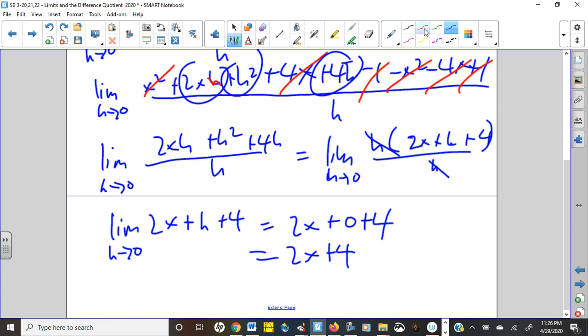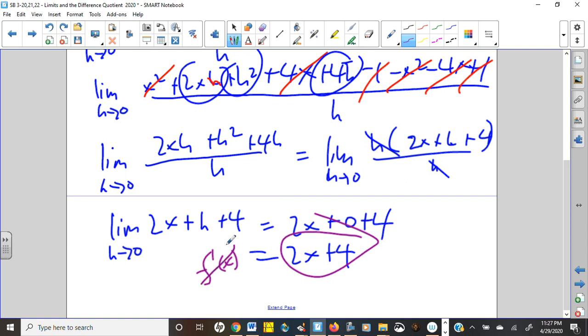In calculus, you will call that f prime, the first derivative. It's a formula, not just a specific slope, but a formula that will give you the slope at any x value. That's the power of that.